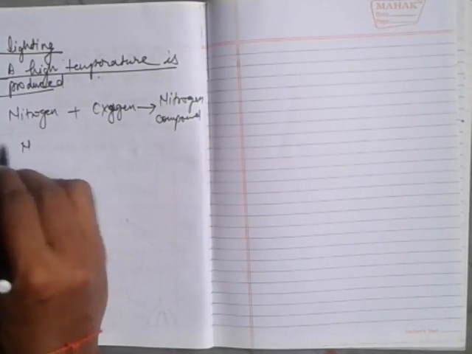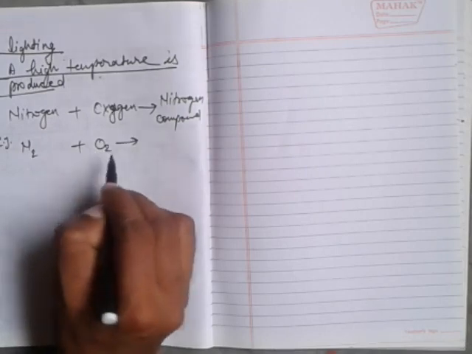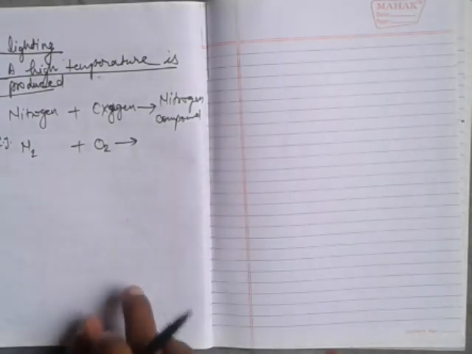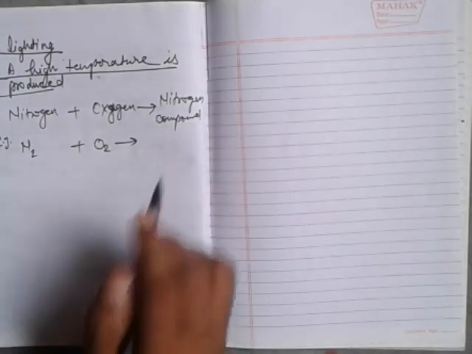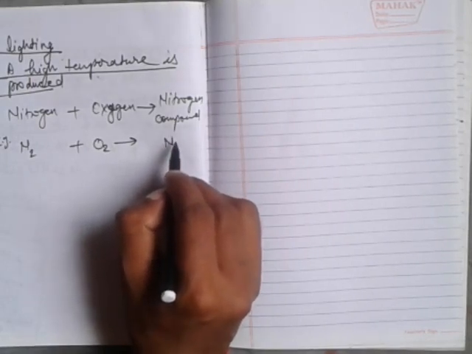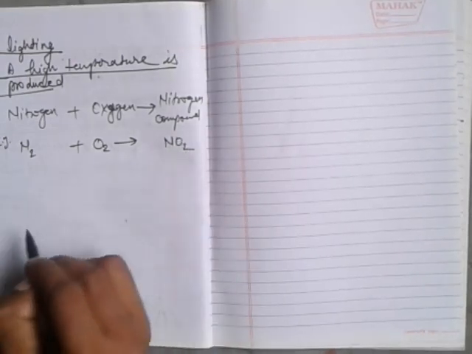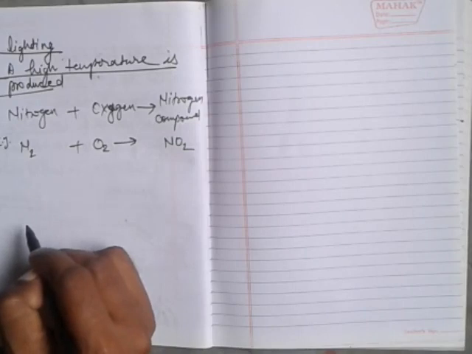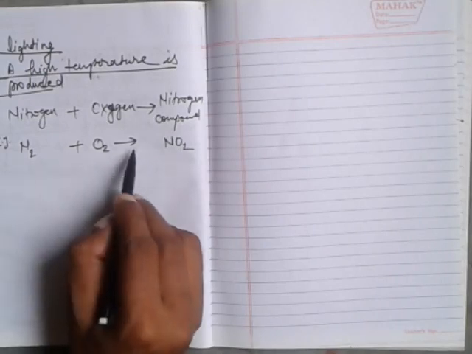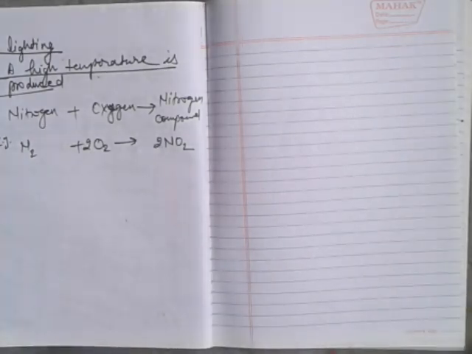For example, here we take nitrogen gas and oxygen gas. What is the reaction? It forms nitrogen containing compound, it may be NO2. It depends upon balancing the equation. For example, here we write 2NO2.